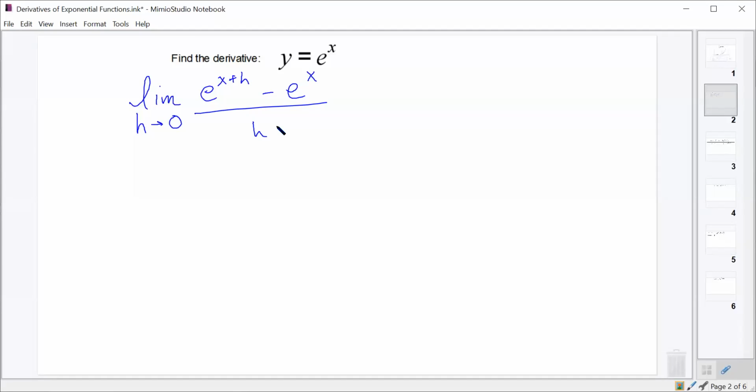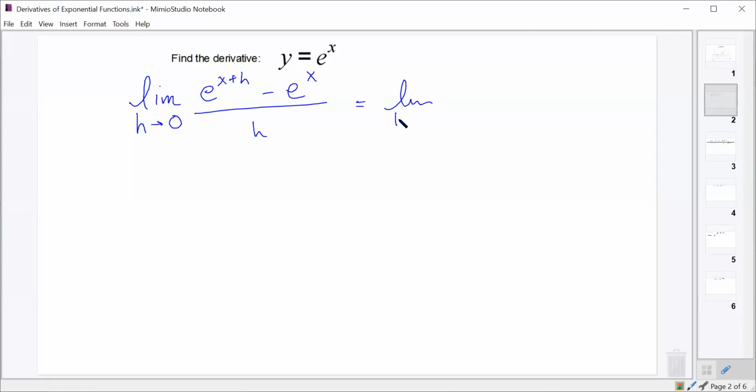Okay. Is there any way at all to simplify this? Because if I plug in 0, I get 0 over 0, indeterminate. So what can I do? How can I rewrite this in some way? You can expand e to the x plus h by saying e to the x times e to the h.